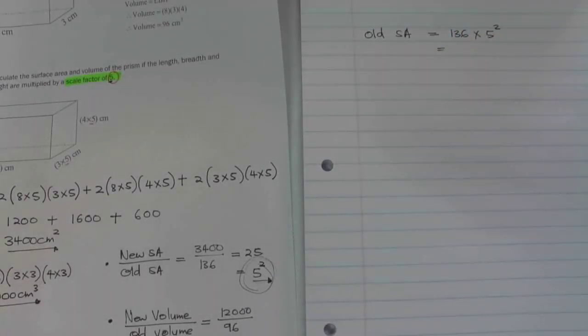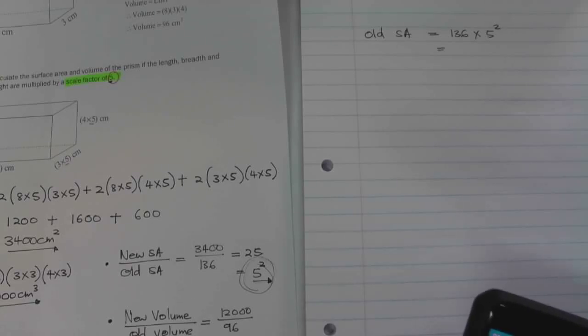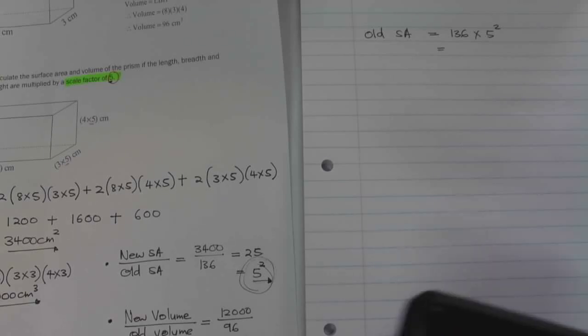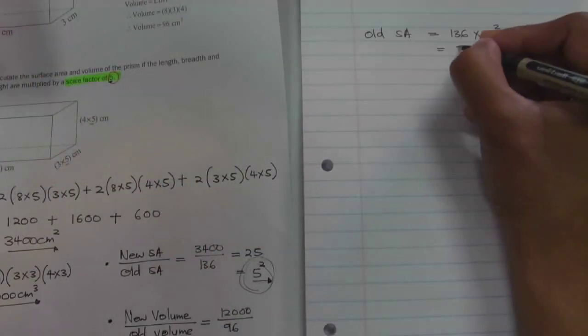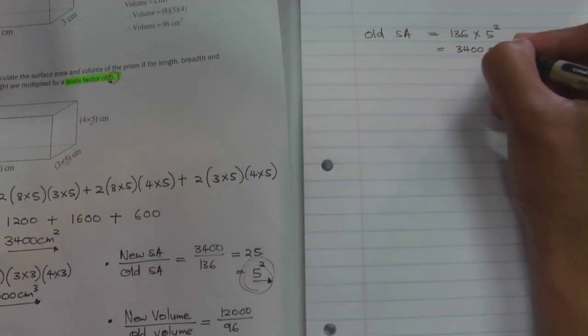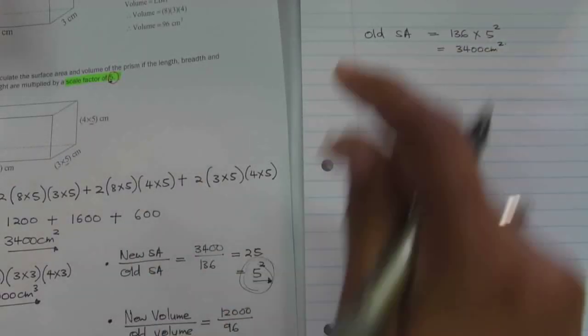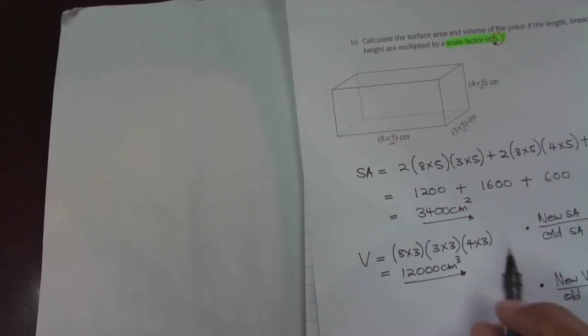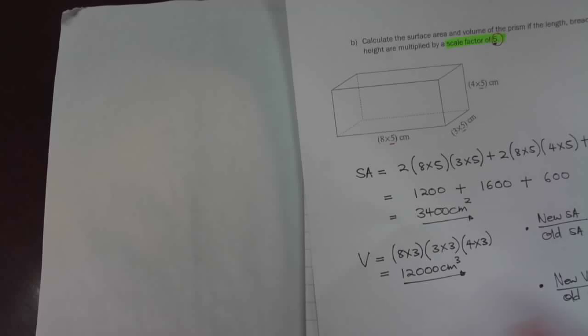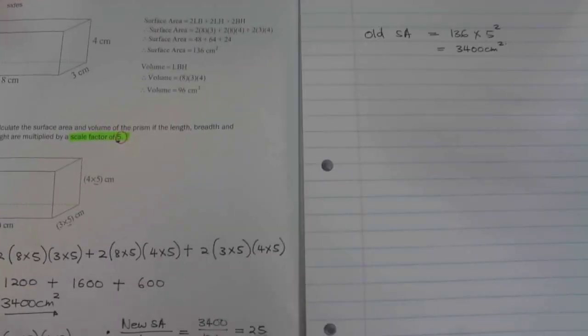Will I get the same answer? Let's check. So we go old area, which is 136 times 25. What do you get? 3,400 centimeters squared. And if you go back to our solution, there's 3,400 centimeters squared.